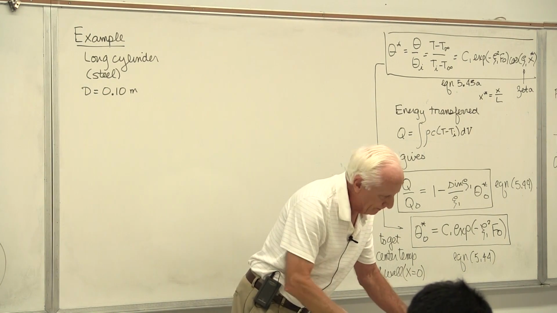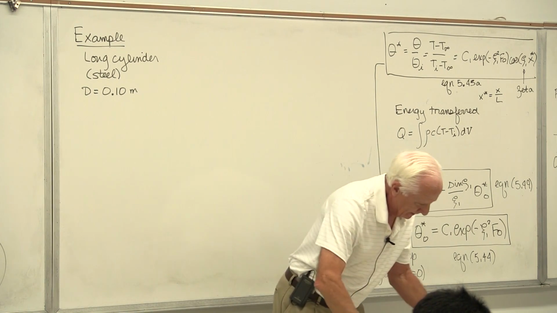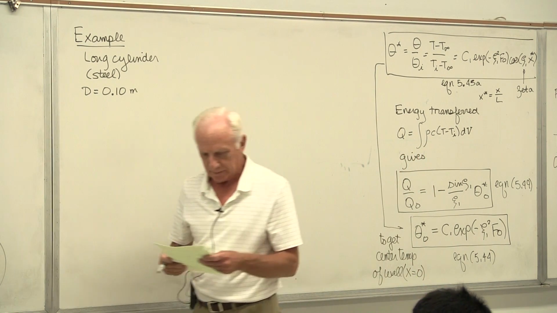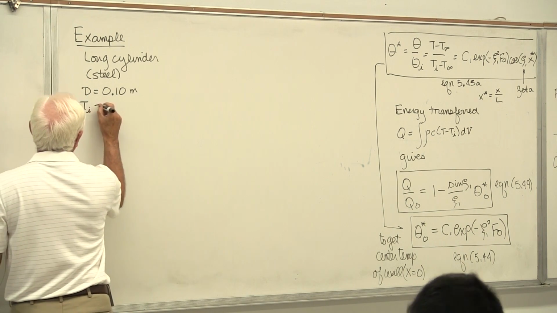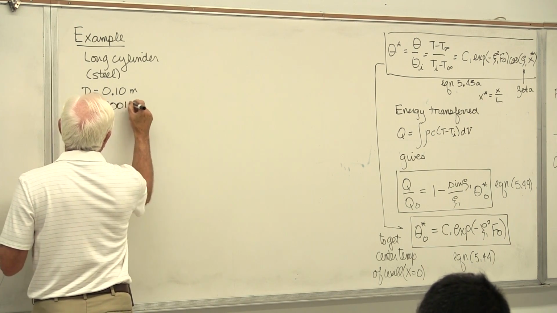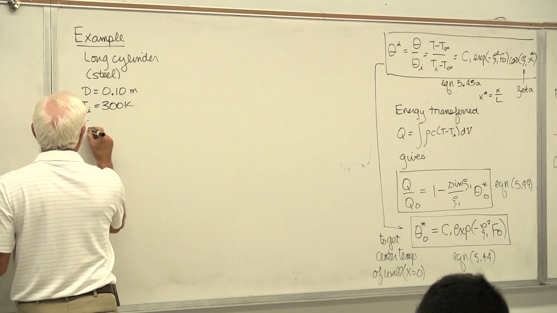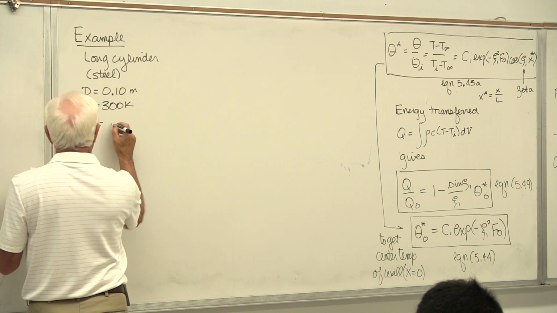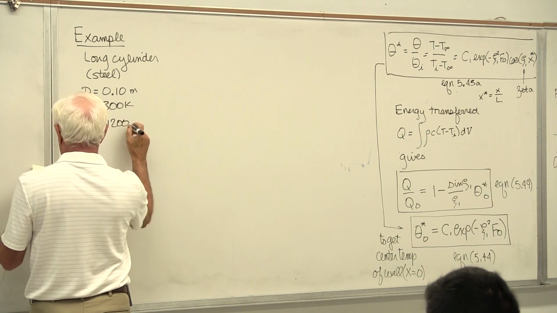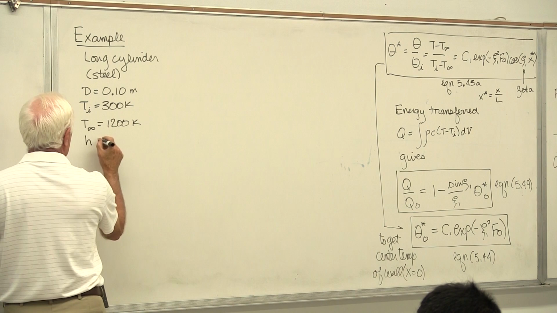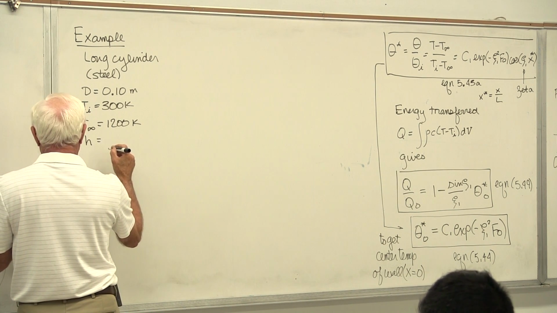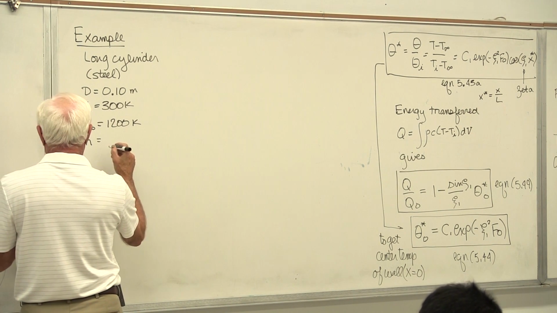Let's see what else we know about it. Starts out at 300 K, T initial, 300 K. It's exposed to an airstream at a temperature of 1200 K. The convection coefficient on the outside surface of the steel cylinder is 100.